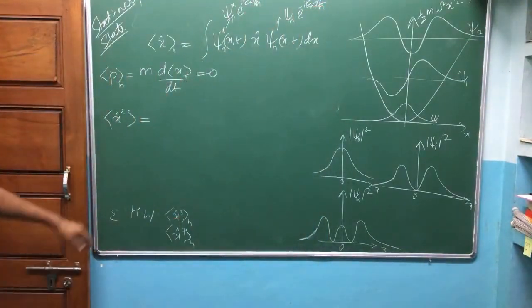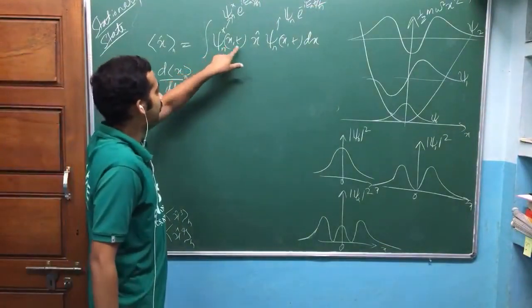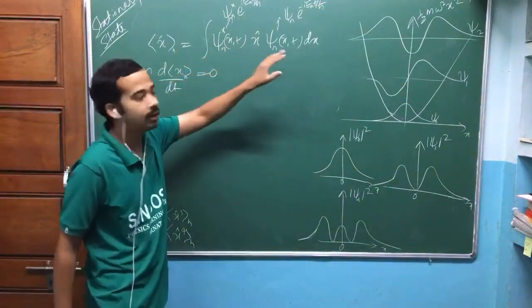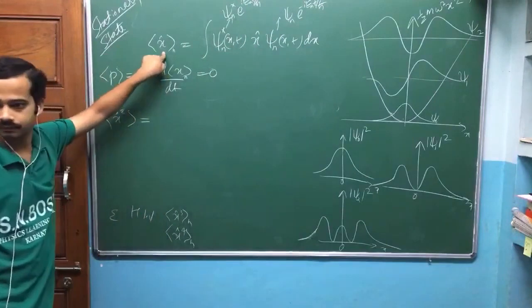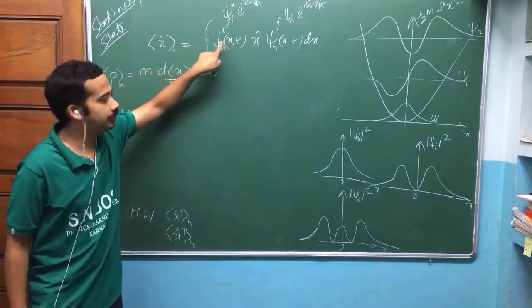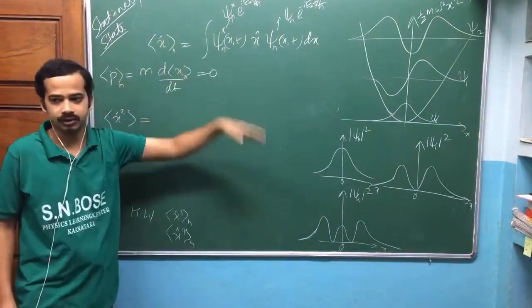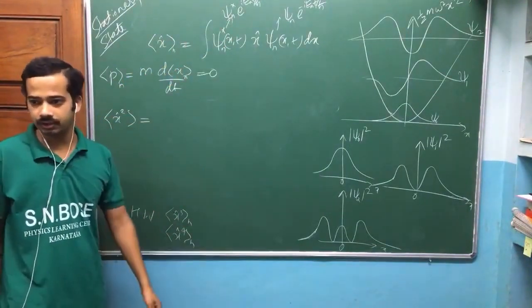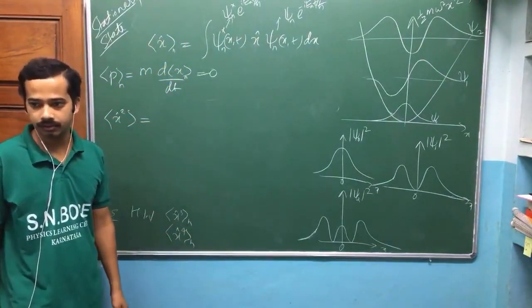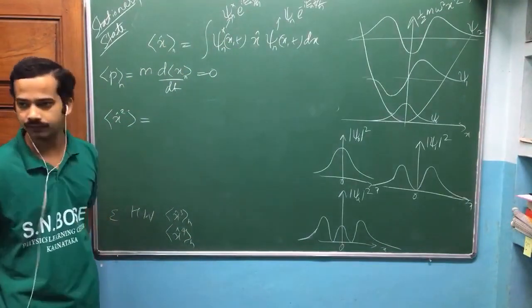Now look at here. Even by taking the time dependent wave function, I found this one. Then if a time parameter comes, it should come here. It is not coming. It is independent of time because it is a stationary state, isn't it? We have stated that.